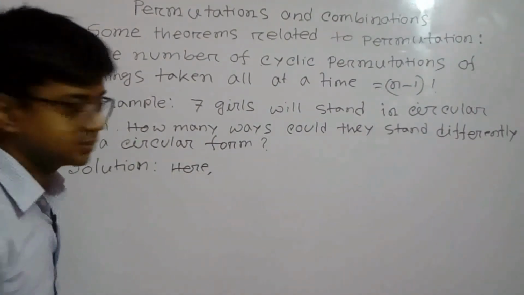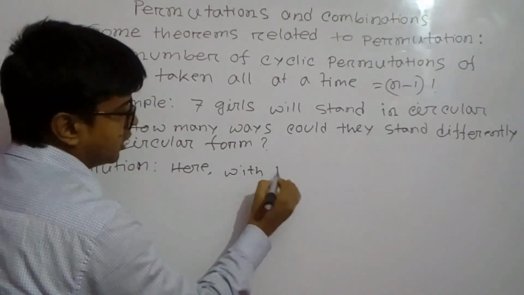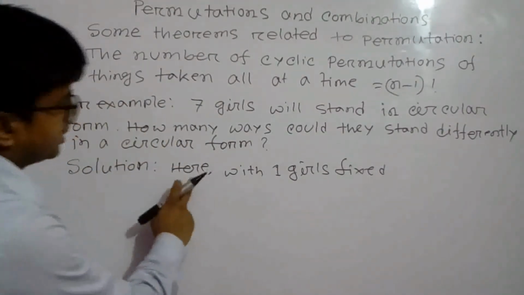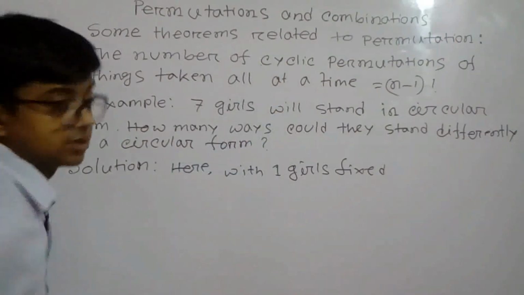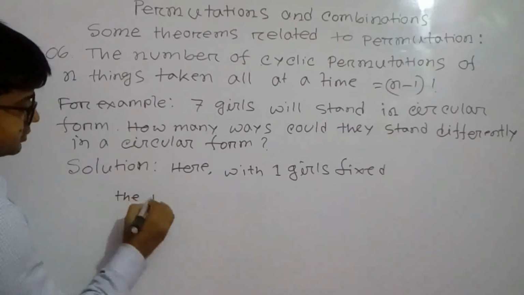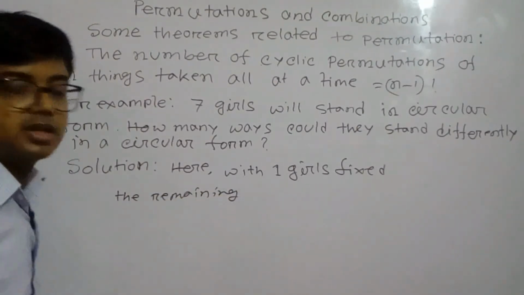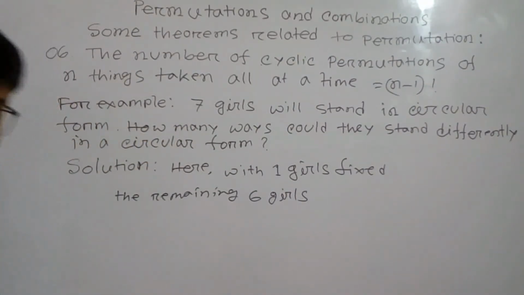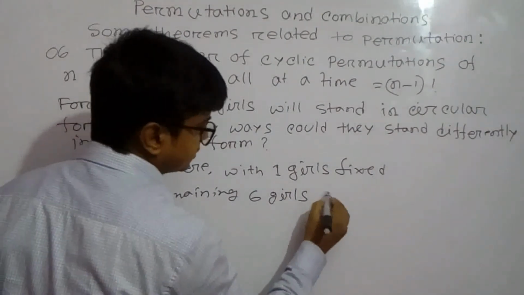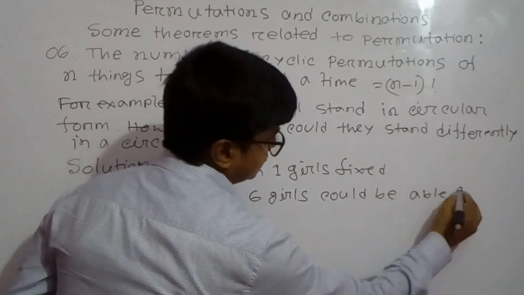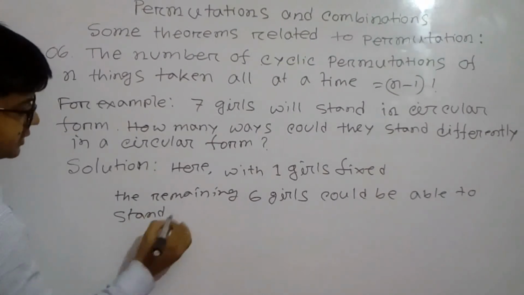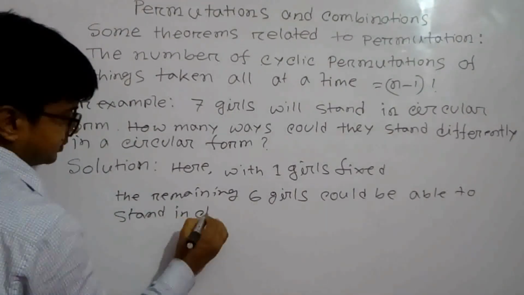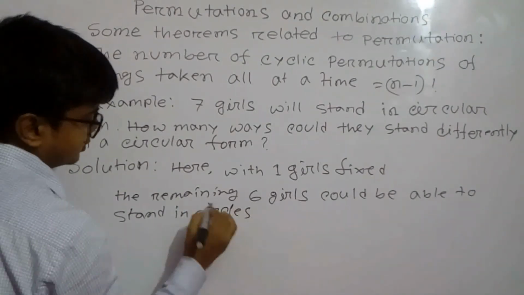Here with one girl fixed because of cyclic permutation, the remaining 6 girls could stand in the circle individually.